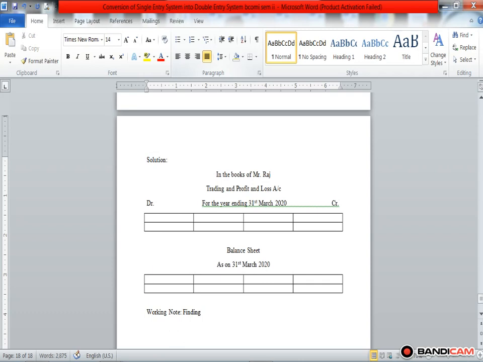Finding out the opening capital. How to find it?